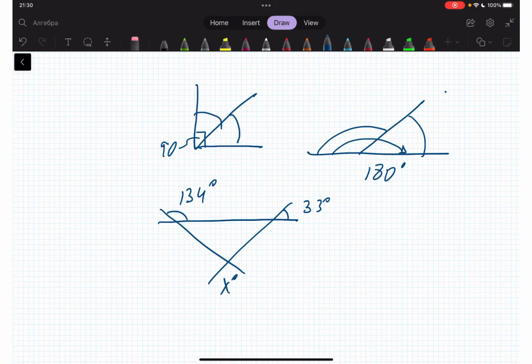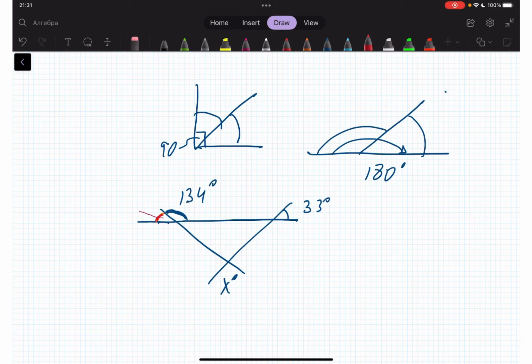Okay, so how are we going to figure this out? First of all, let me see. This angle with this one with 134 degrees, the red angle and blue angle together, make 180 degrees, correct?